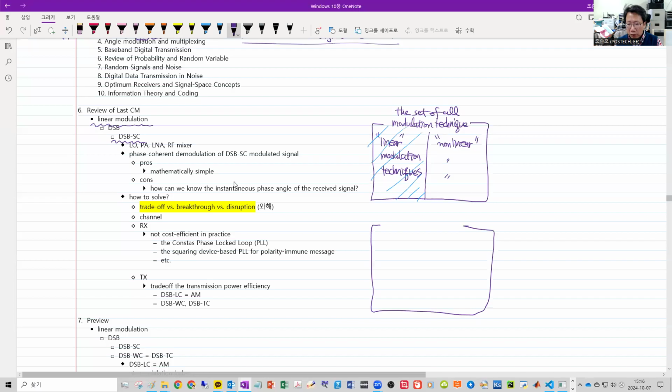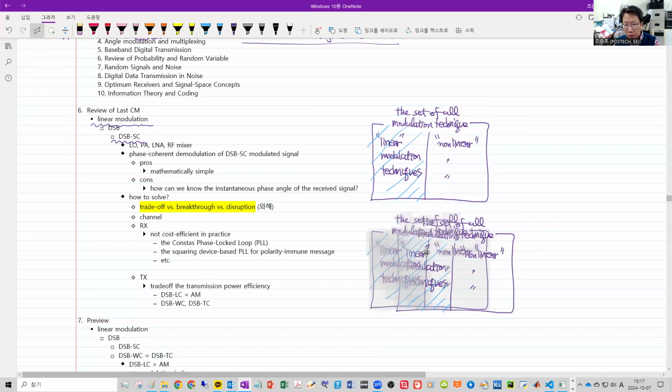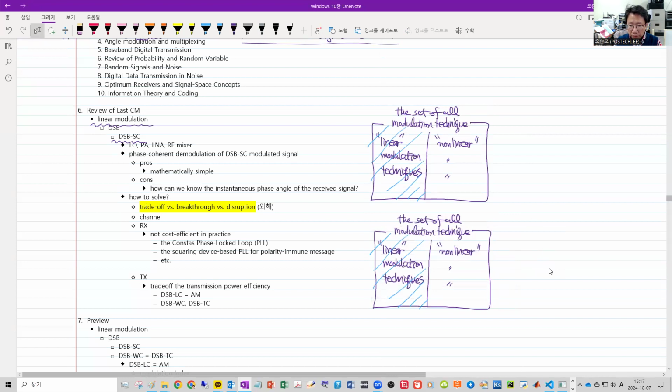So let me copy this one. So this left subset is the subset of all linear modulations.